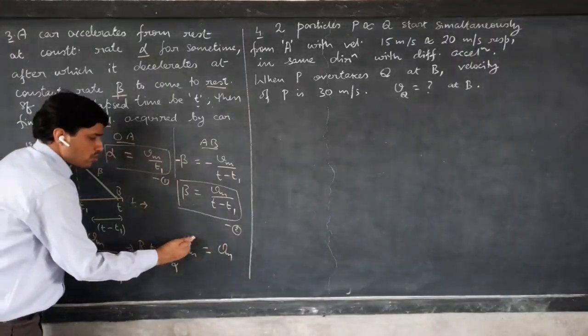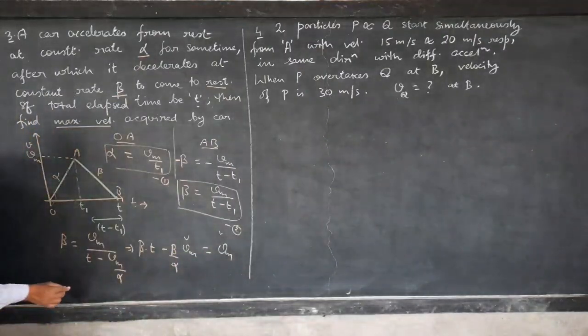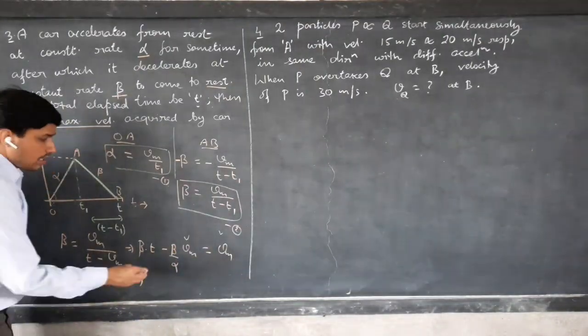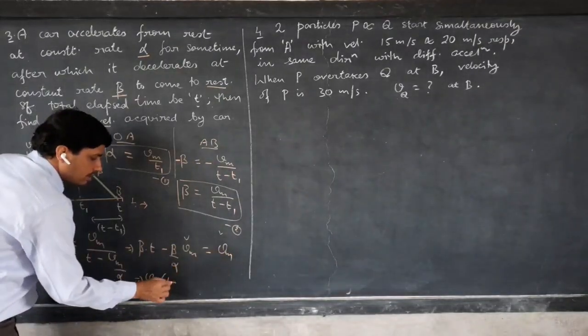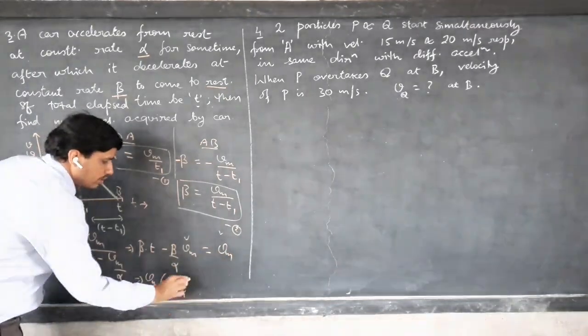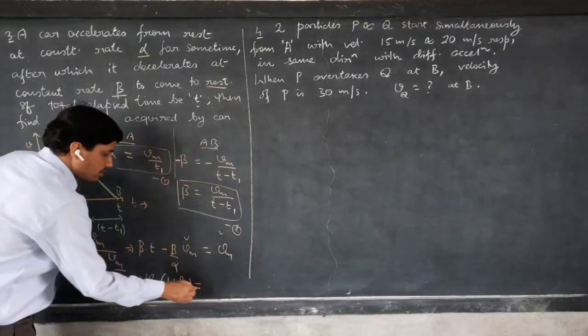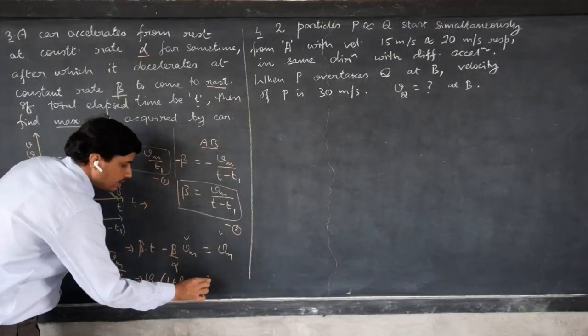Now these two terms we'll put together. This implies Vm, if we take common, what will be left? 1 plus beta upon alpha, and that becomes equal to beta t.